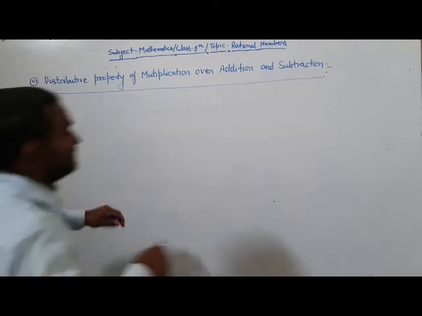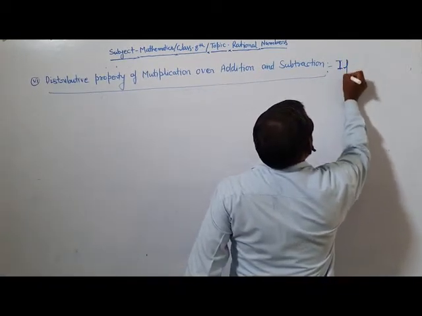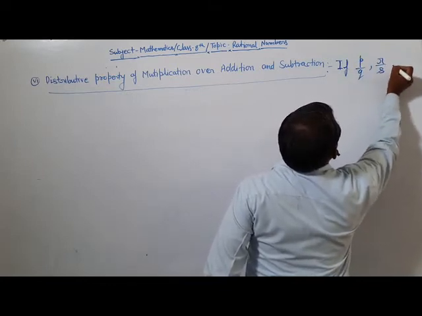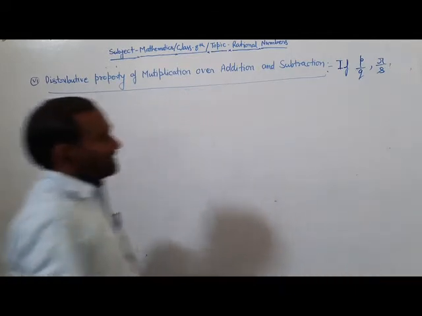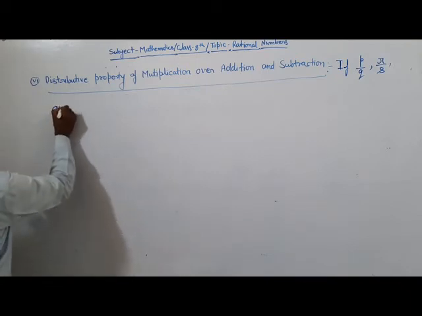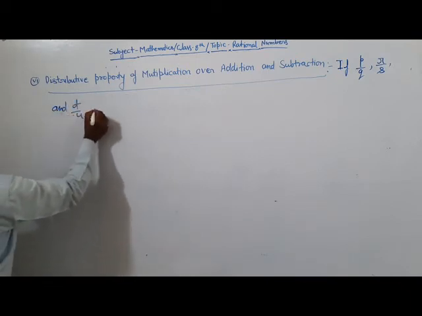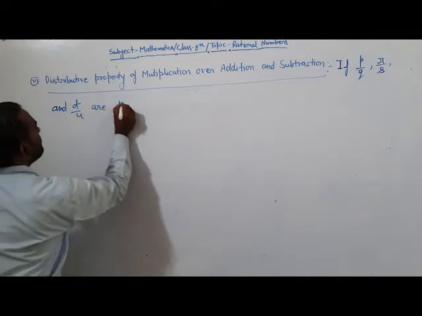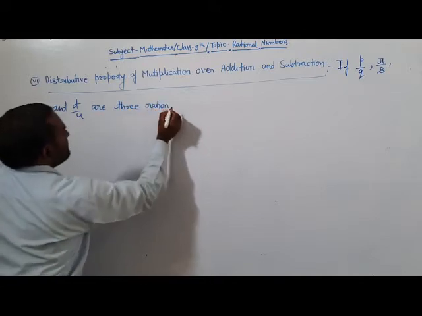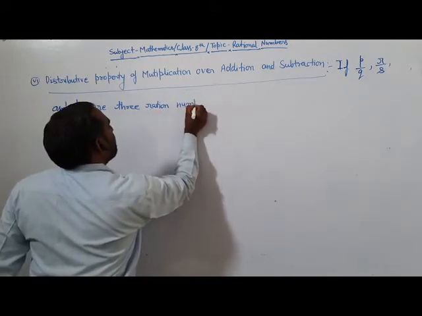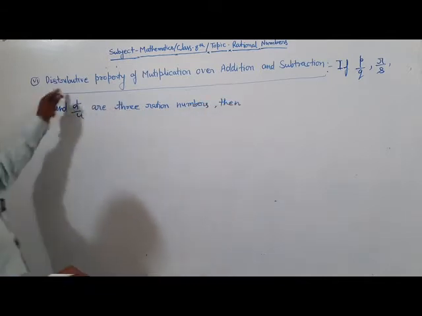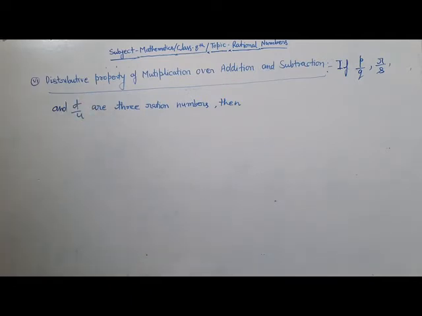If p by q, r by s and t by u are three rational numbers, then we have the distributive property over addition and subtraction.